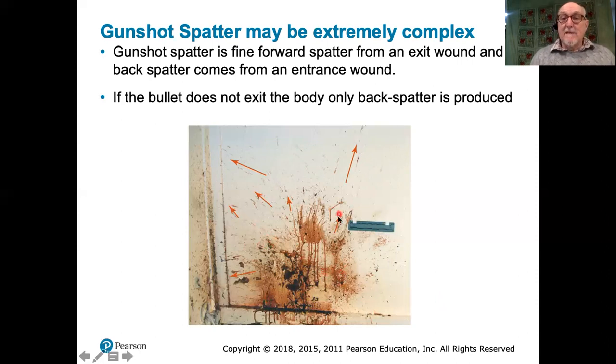If I look at this, it looks like high impact spatter, the fine spatter there. This here is tissue and blood carried out of the exit wound. And this to me looks very much like the victim flew back and hit against the surface.